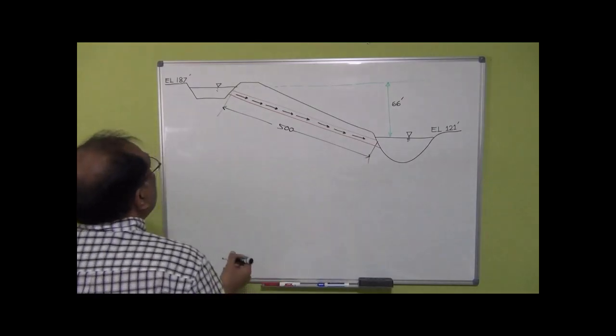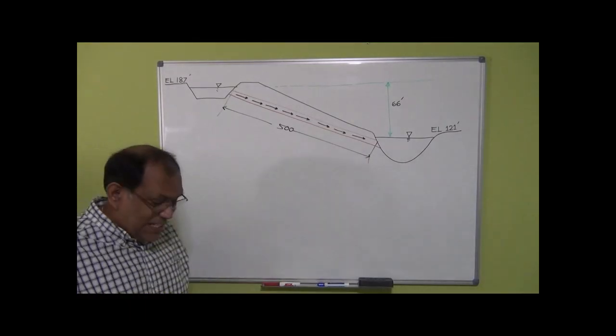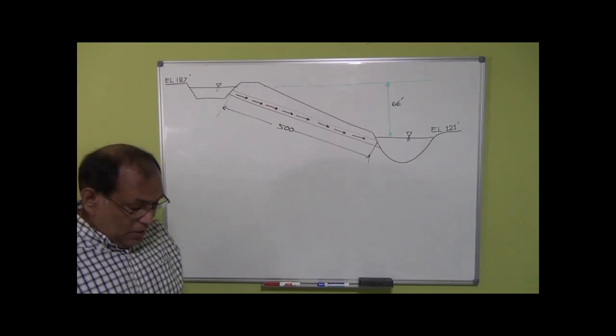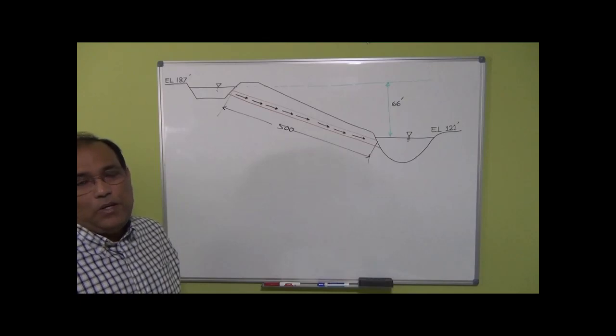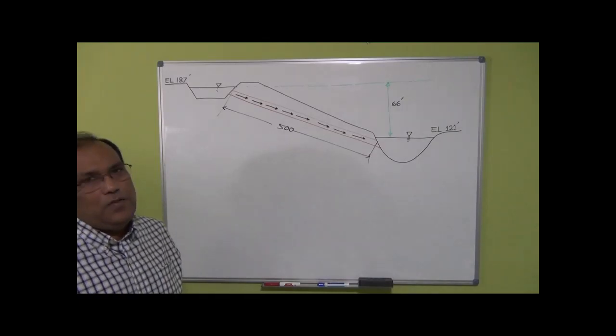Problem number 2, this one is asking what would be the seepage velocity of water through the sand layer. To find the seepage velocity, we have to find the Darcy's velocity.